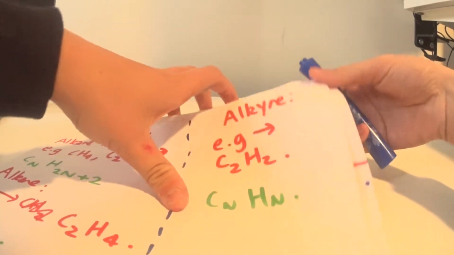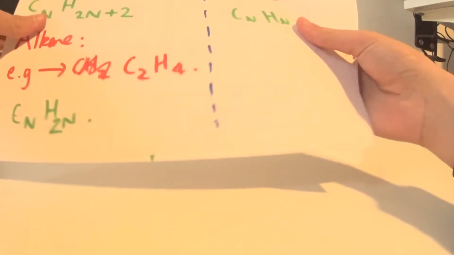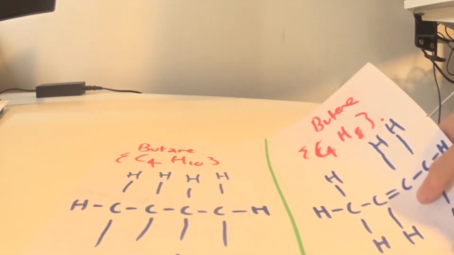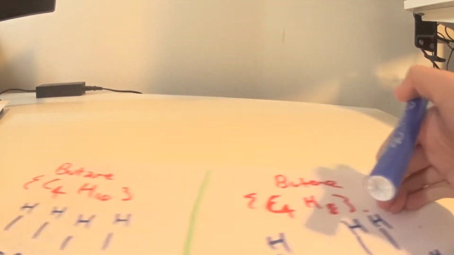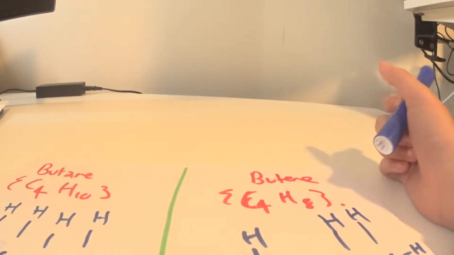We're going to first of all have a quick look at butane. Butane is a hydrocarbon. We're going to look at a different example of an alkane and an alkene. These are butane, C4H10, and butene, C4H8. These are our 2 hydrocarbons.